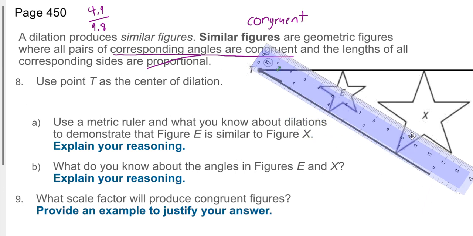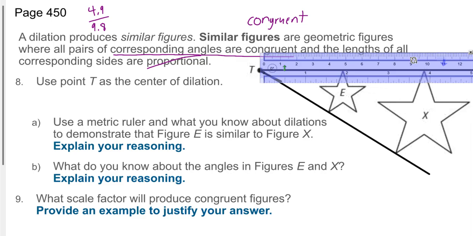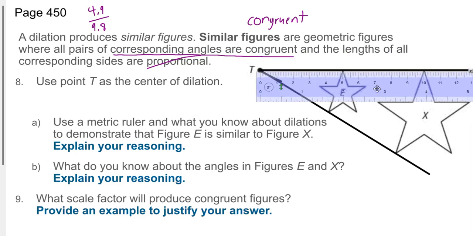Then I can move my ruler, rotate it, and put it here, and here it goes from 5 to 10. So the same thing: the smaller distance is 5, the bigger distance is 10. Now you should know this is 1/2, but also if I double this, I get the same number. So they're both 1/2. Since they're both the same proportion, the figures would be similar.